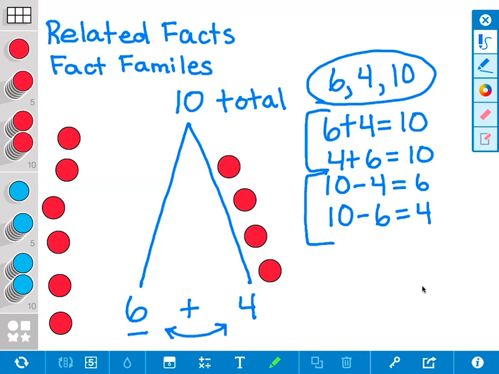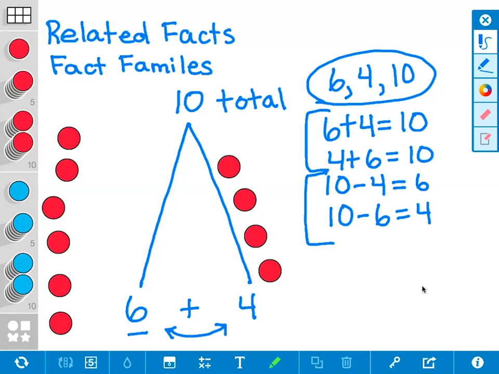Well, in a number family or a fact family, you use the numbers that all work together, just like you see here. 6 plus 4 equals 10. 4 plus 6 equals 10. 10 minus 4 equals 6. And 10 minus 6 equals 4.